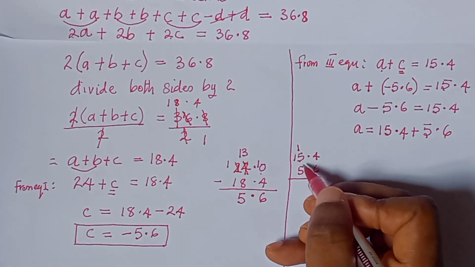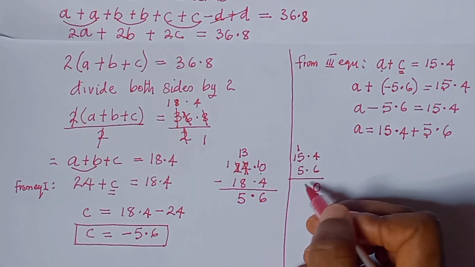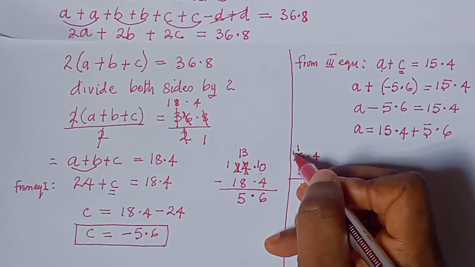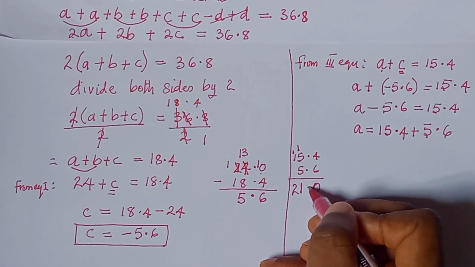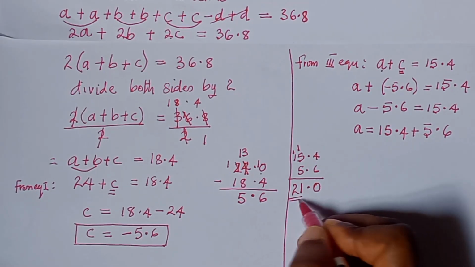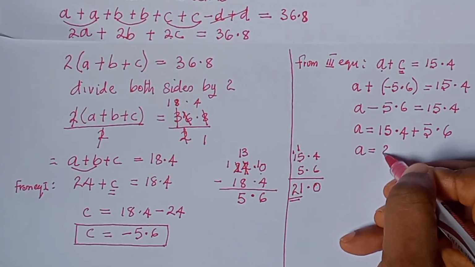So your 1 plus 5 is 6, 6 plus 5 is 11. So you have your 1 written down and carry your 1. So your 1 plus 1 here is 2. That's 21.0, which we can take to be 21. So our A there is 21.